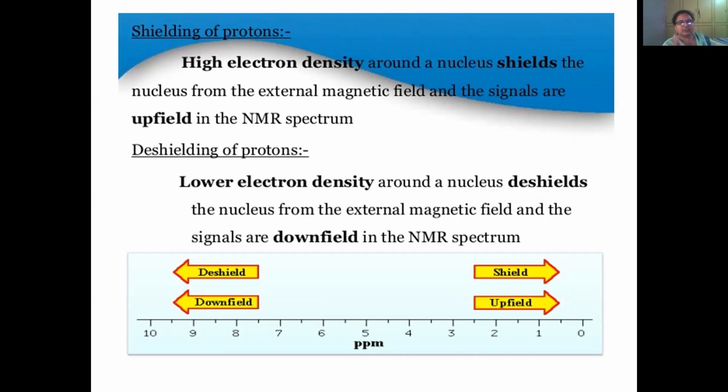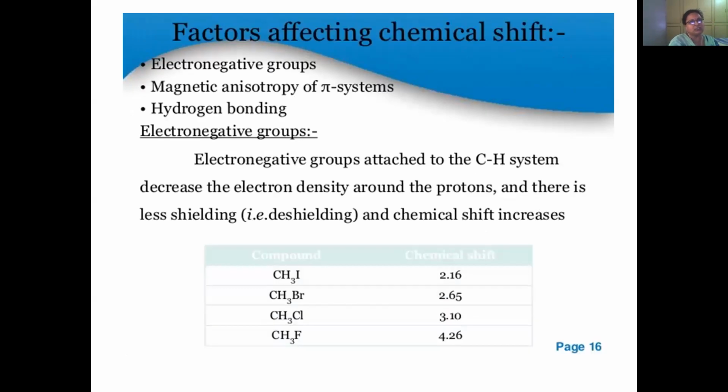So whenever groups like this are present near the carbon atom, it undergoes a de-shielding effect. This de-shielding will come in the downfield region, on the left hand side of the NMR spectrum. Now we'll see the factors that affect chemical shift.